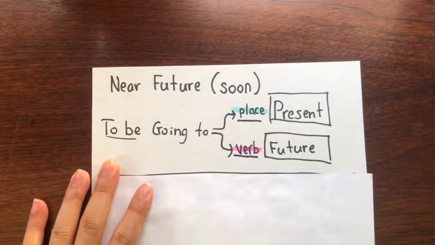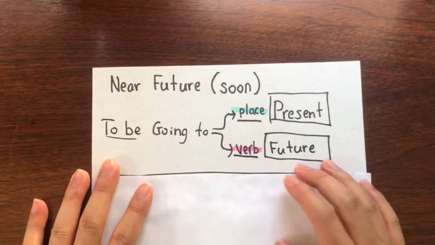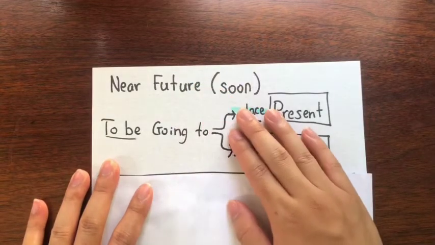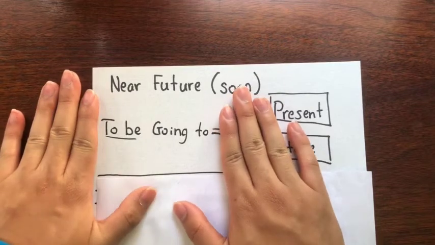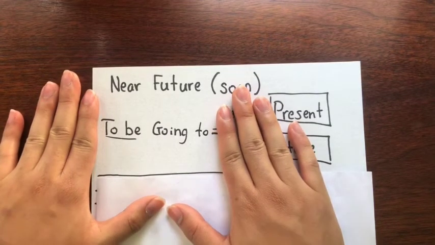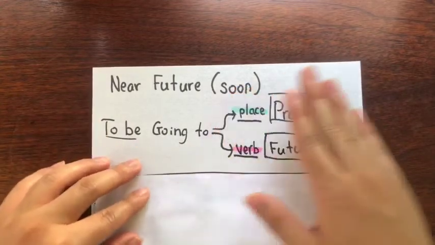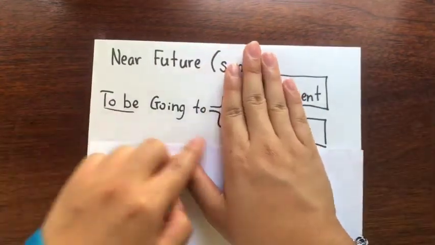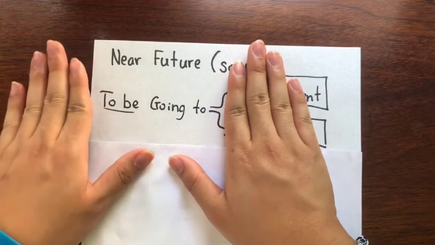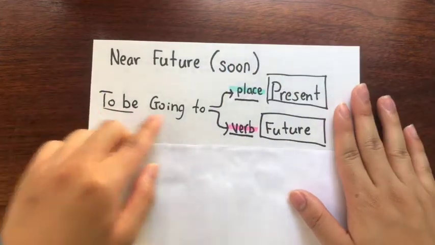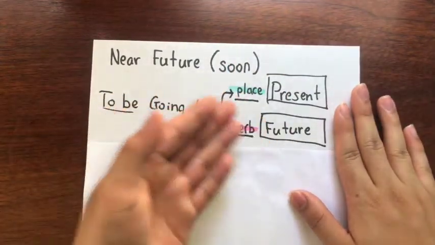It's near. So, to use the future tense here, we have the expression to be going to. This is what we need to see. To be going to. If you speak Spanish, this is easy for you because it's the same. We can say voy a hacer, whatever.